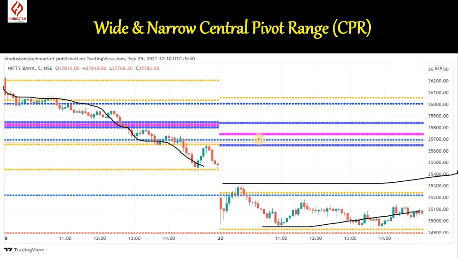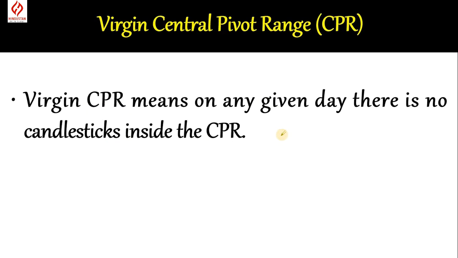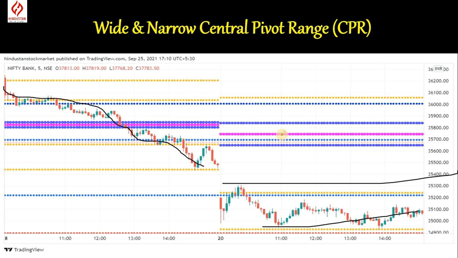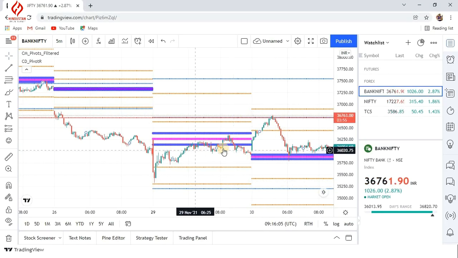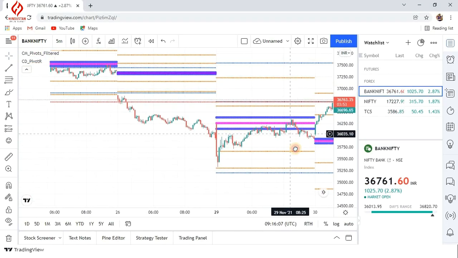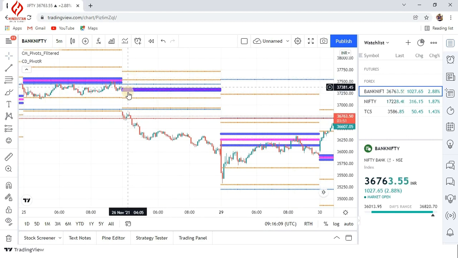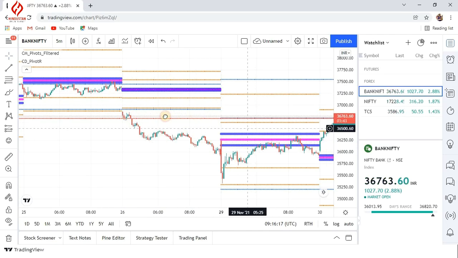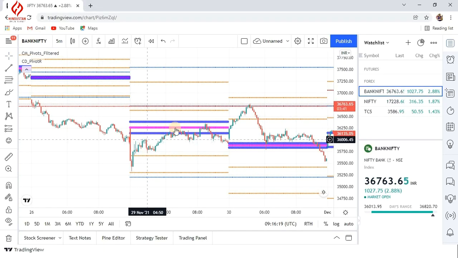Okay. So before going to one more category, that is the virgin central pivot range, we'll see it on the chart. Here you can see a narrow CPR on 26th November. Narrow CPR, trending day, right? And the next day there is a wide CPR, right?